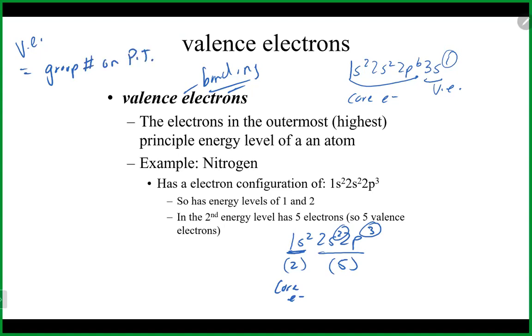So again, nitrogen is group 5 on the periodic table, so it has 5 valence electrons. Sodium is group 1, so it has 1 valence electron. That's a lot of times easier than writing the electron configuration. Just look at the group number, and that will tell you how many valence electrons something should have.